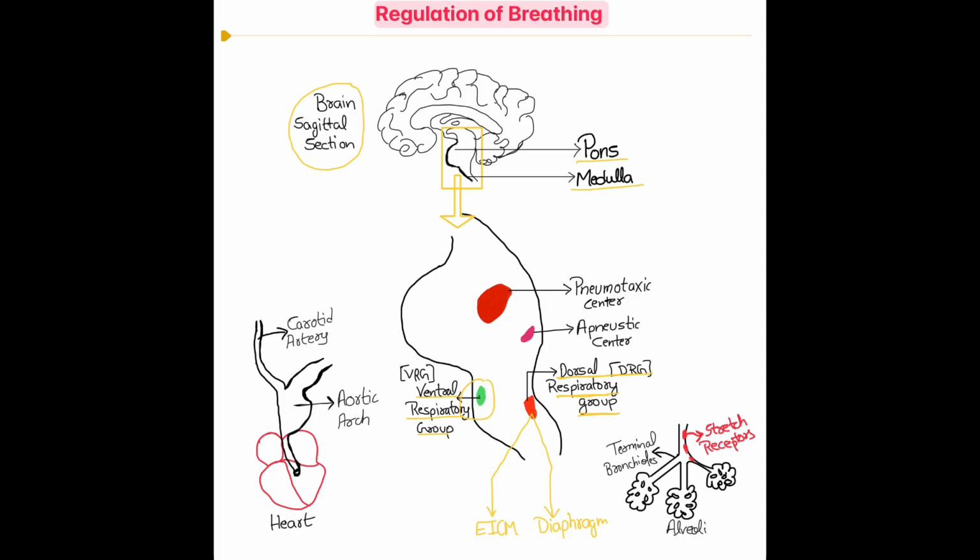So it sends impulses to the abdominal muscles and internal intercostal muscles. This is for forceful expiration. Write it down, everything.